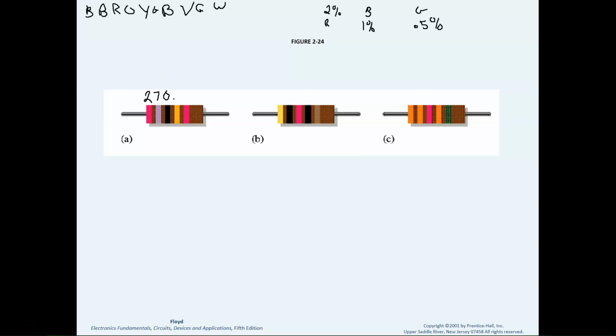Black is 0. Yellow means 4. And here we come to our tolerance band, so that means we're going to do a plus or minus 2%. So translating this, we have a 2, a 7, a 0. We're multiplying by 10 to the 4th. And plus or minus 2%.